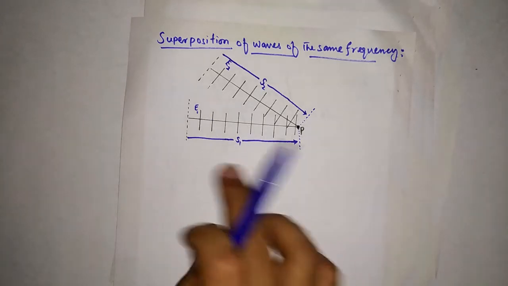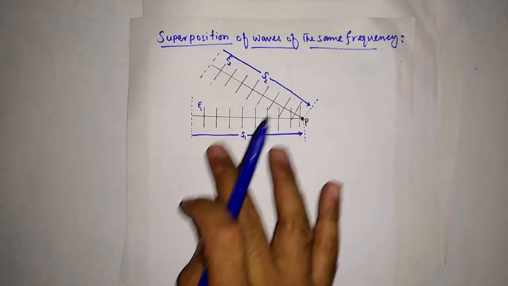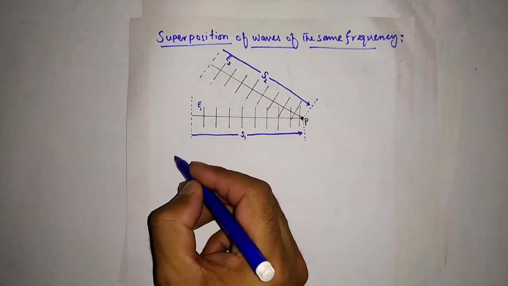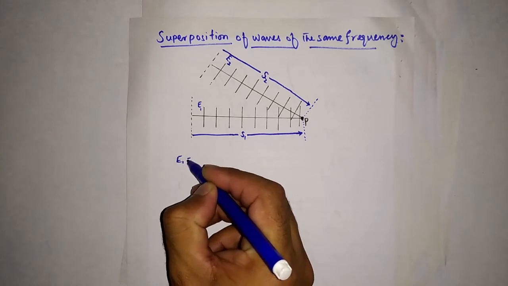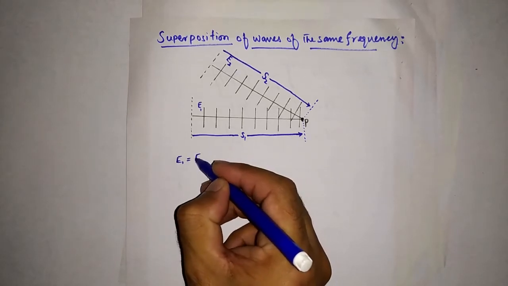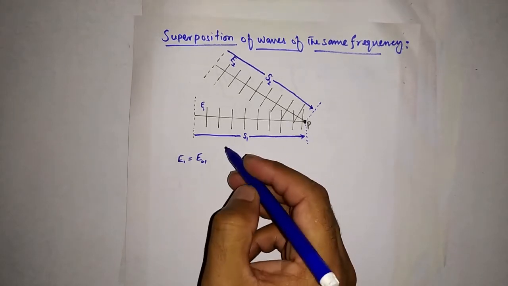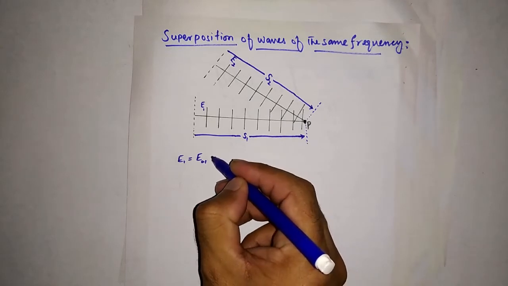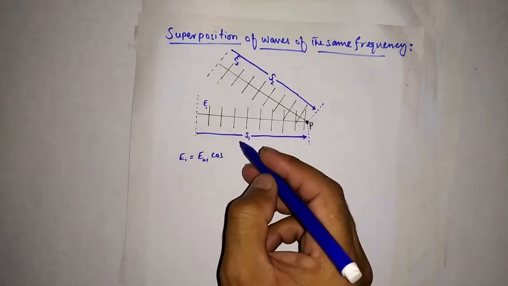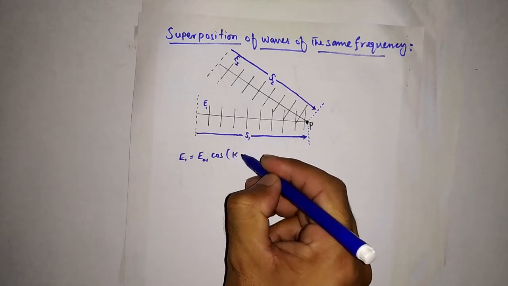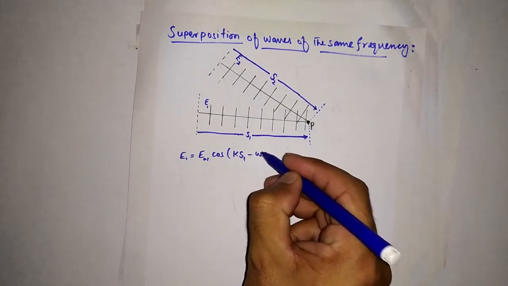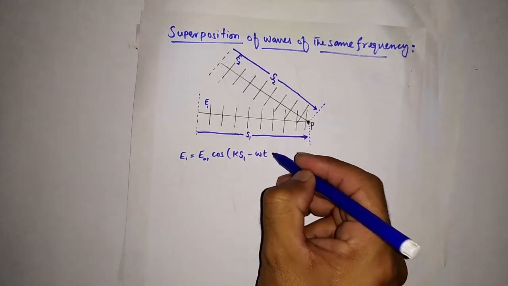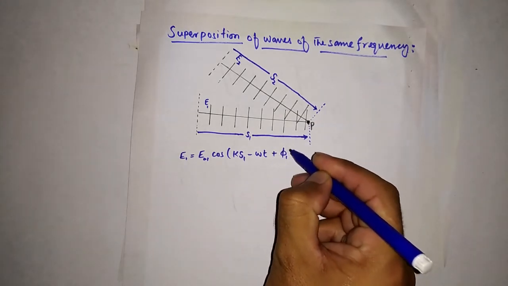So we take the waveforms of these two waves as, let's suppose, E1 is written as E0 1 into cos of k S1 minus omega t plus phi 1.